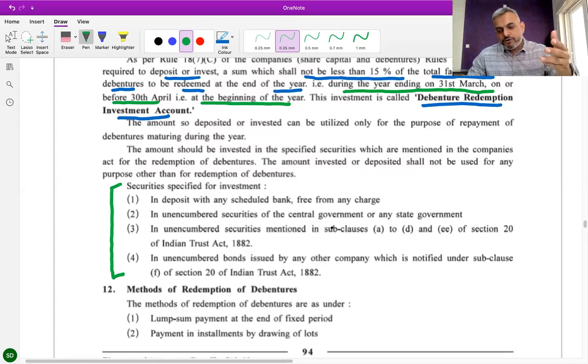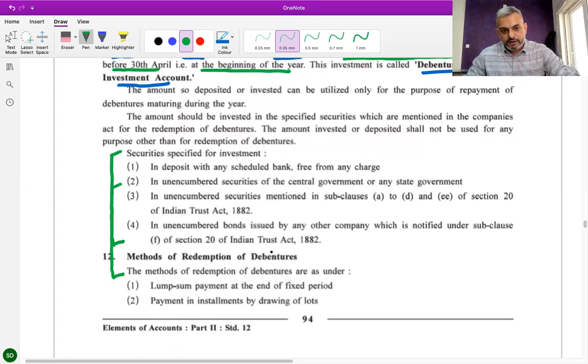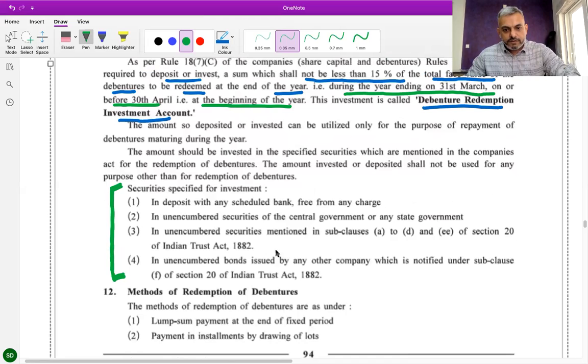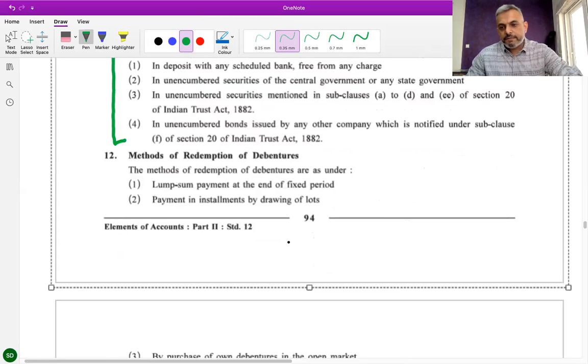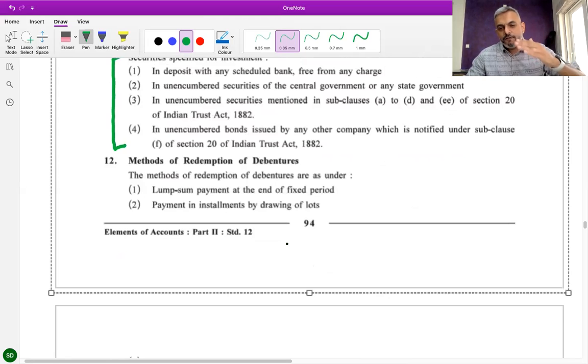Now, how do you redeem the debentures? The methods of redemption of debentures are as under: lump sum payment at the end of a fixed year; payment in installments by drawing lots. Yani if I want to redeem every year one fifth, so who will be those one fifth? So we draw lots. Yani we select randomly के इतने लोगों को we give the money back.